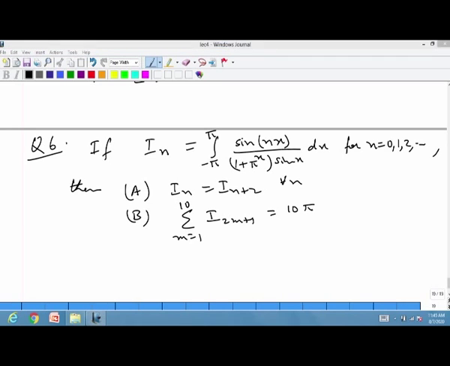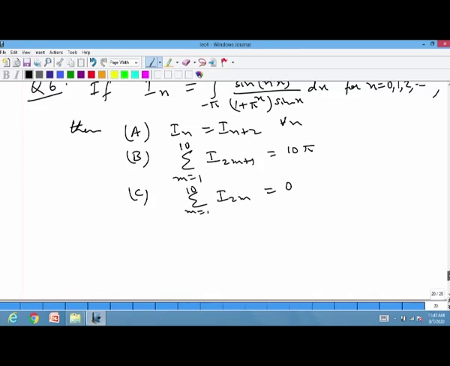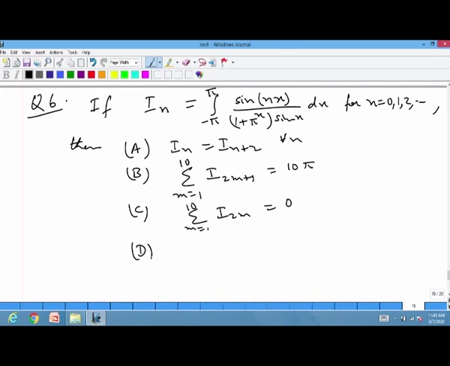C: the summation of I 2m for m equal to 1 to 10 is equal to 0, and option D: I n equal to I n plus 1 for all n.